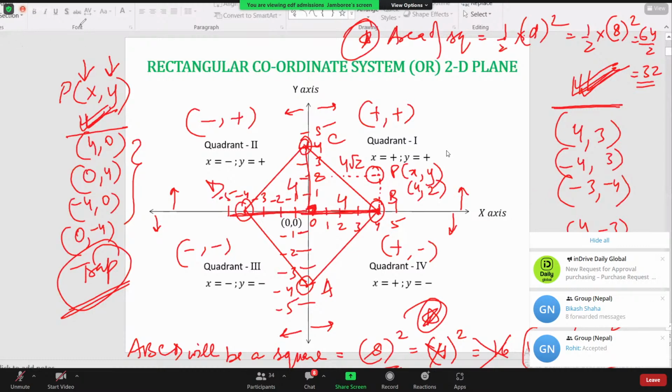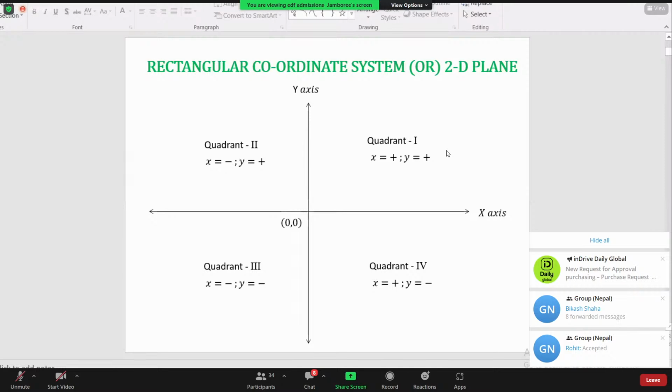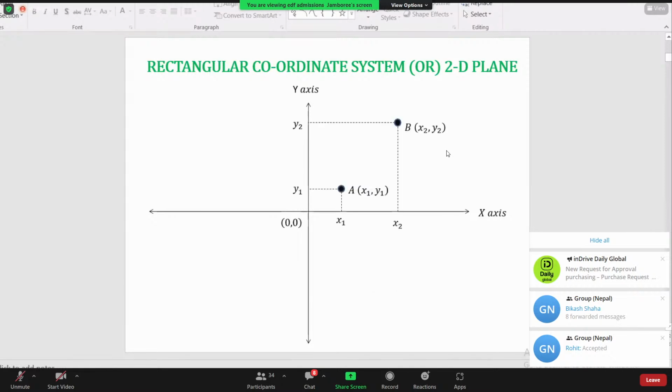Okay, guys. So moving on. Now we are going to discuss a few of the formulas which are required in this context.